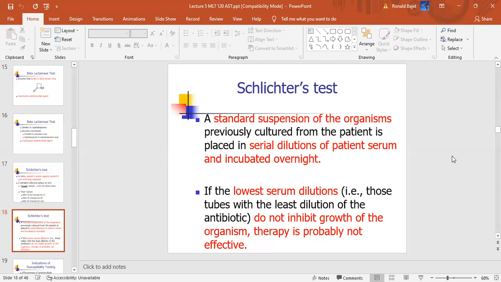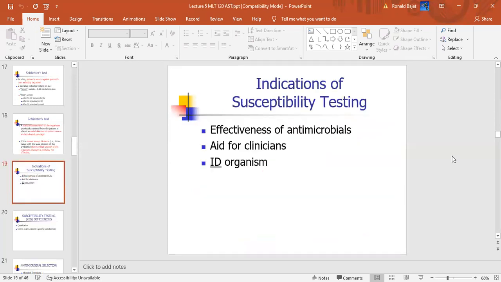So by making serial dilutions, you're actually diluting the antibiotic against the organism. So you take the organism, standard solution, similar to the MIC, but now you're using peak and trough levels. And then when you look at your serum dilutions, you need to make sure that you're getting inhibition of growth. And if you're not getting inhibition of growth at the lowest serum dilutions, then your therapy is not effective. Okay, so that's the Schlichter test, peak and trough levels, patient serum samples.